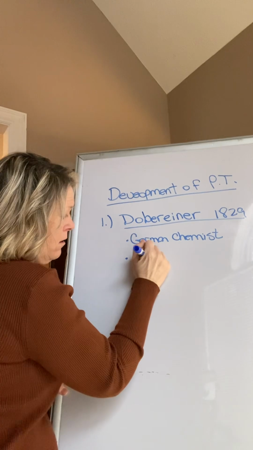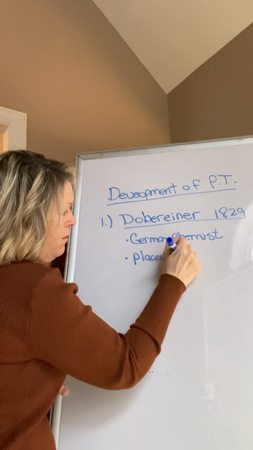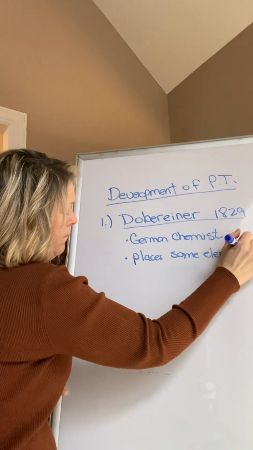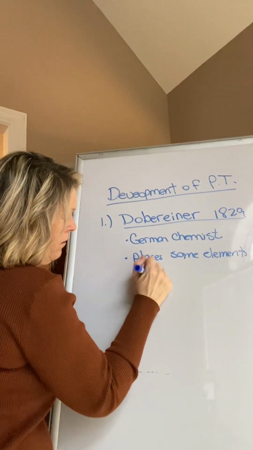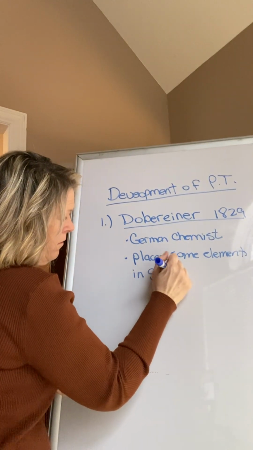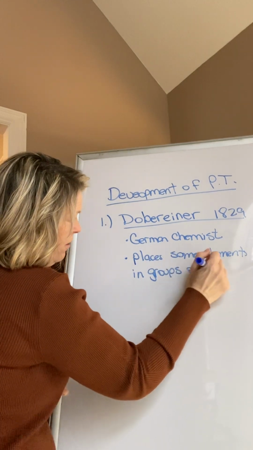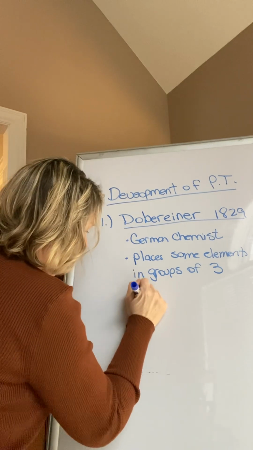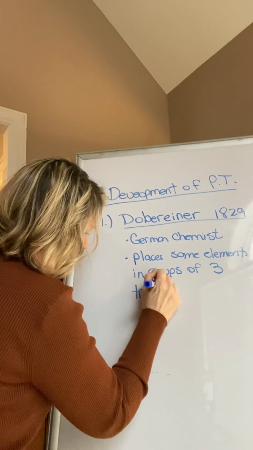Okay, so he places some elements in groups of 3. And those are going to be called triads. Tri meaning 3.